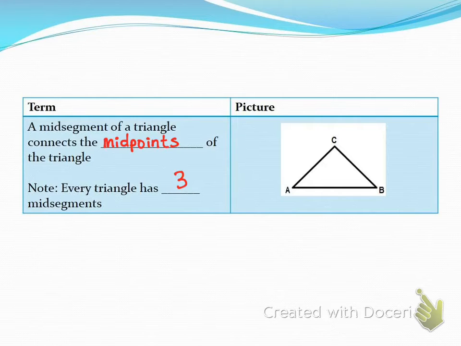So in our picture, we could label all of the midpoints. I'll call them midpoint 1, midpoint 2, and midpoint 3. So our midsegments connect those points. So there would be 1, 2, 3 midsegments inside any triangle.